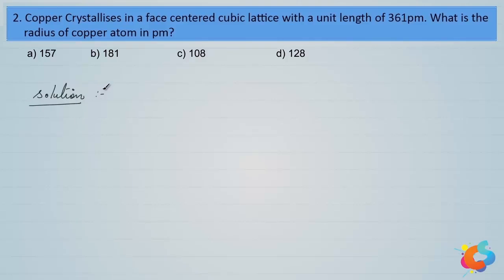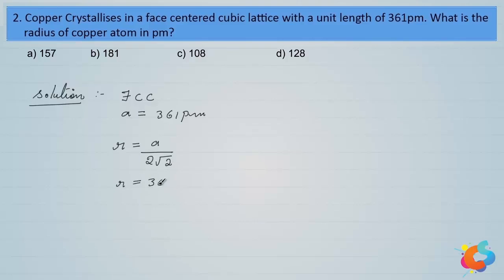Let's write down the given data. The unit cell which is present here is face-centered cubic lattice, which is FCC, and the unit length, given as A, is 361 picometer. Hence, for FCC the radius formula is R equal to A divided by 2 root 2.